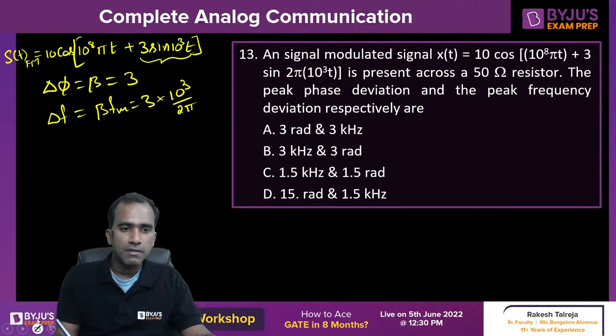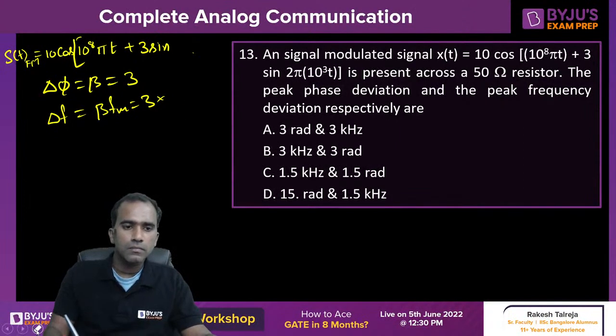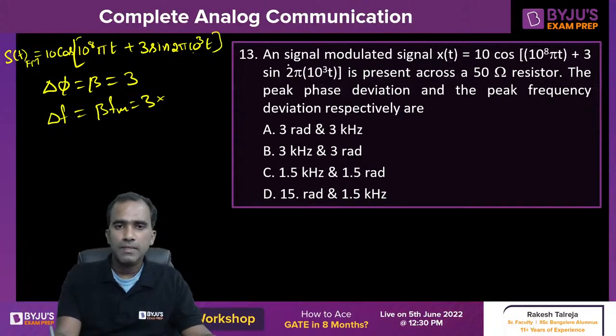My mistake here, a small mistake. So the message part is sine 2 pi 10 power 3 t. So the message frequency is 10 power 3. You can substitute 10 power 3 in place of fm.